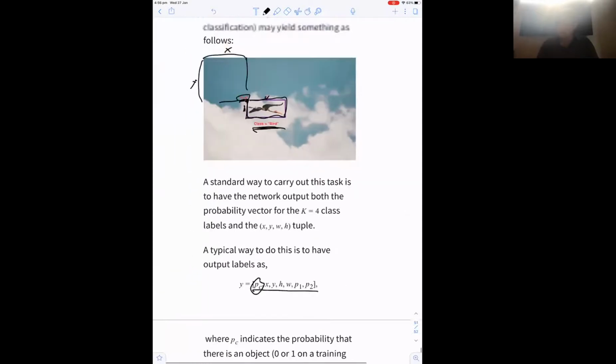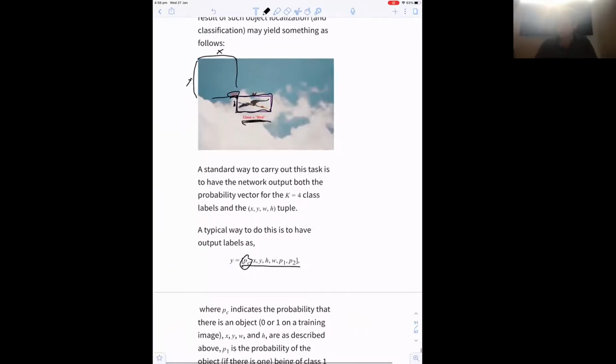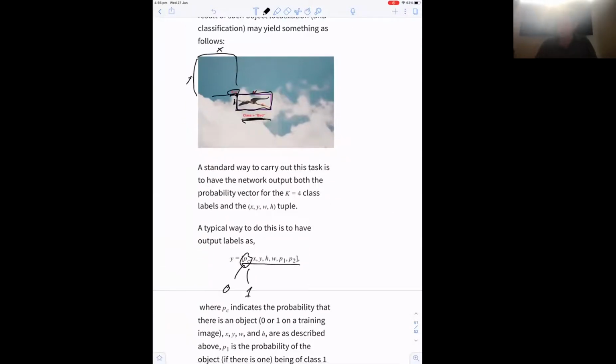Of course, in the training data it'll be 0 or 1, but in the output of your network, it'll be a probability in the range 0 to 1. Then you've got your 4-tuple, which describes the bounding box. And then you've got the probability of class 1, bird, and probability of class 2, plane.